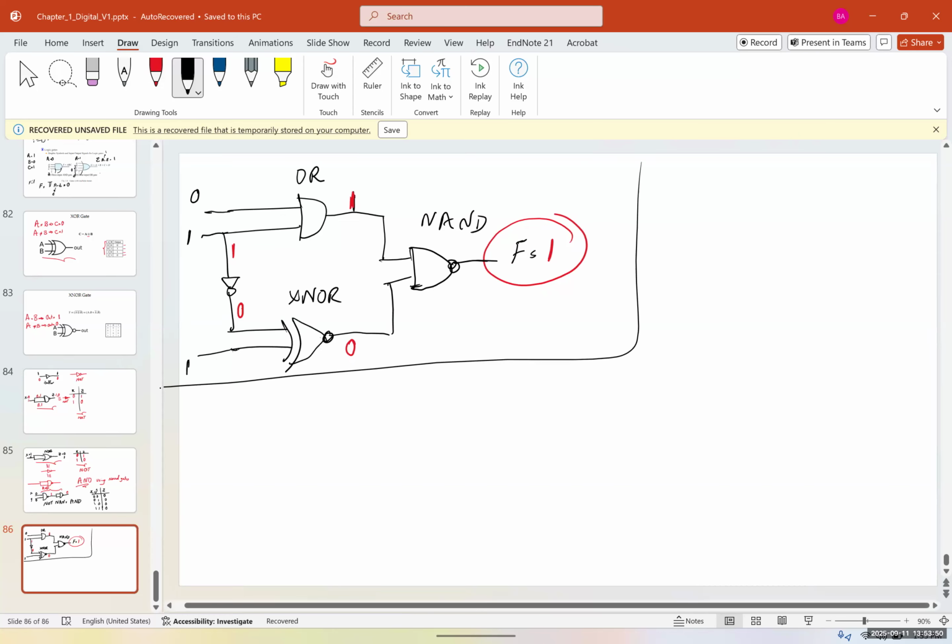Now let's solve another one. If the input is 1, what is the output?